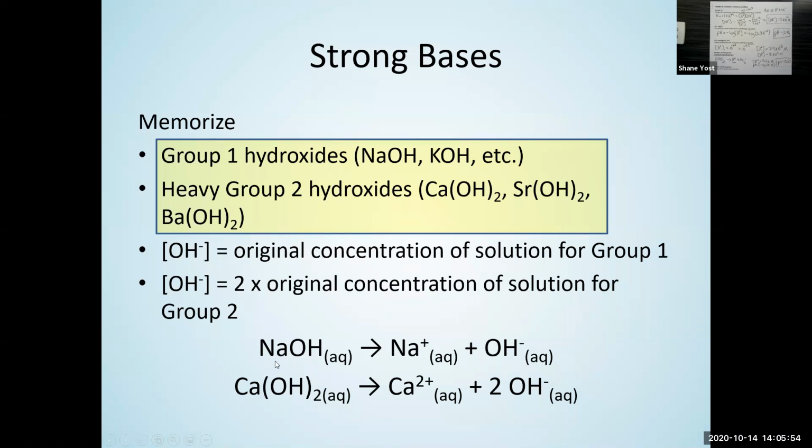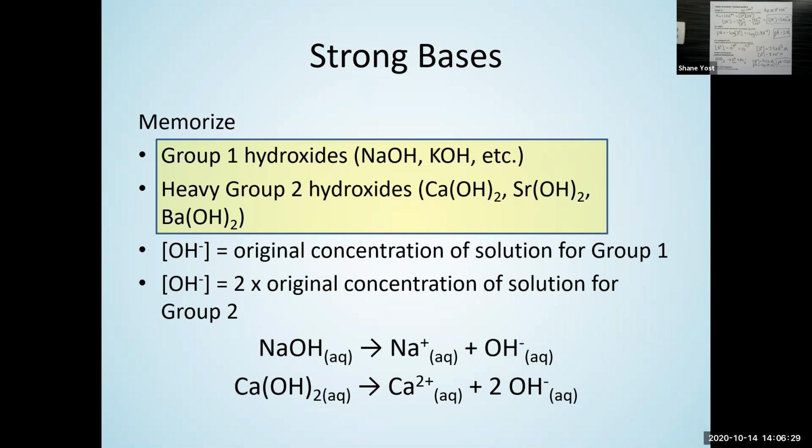For every 1 calcium hydroxide, I get 2 hydroxides in solution. So the hydroxide concentration, OH-, is 2 times the concentration of the base placed in solution. If I have a 2 molar calcium hydroxide solution, the concentration of hydroxide is going to be 4 molar, twice the concentration of calcium hydroxide.